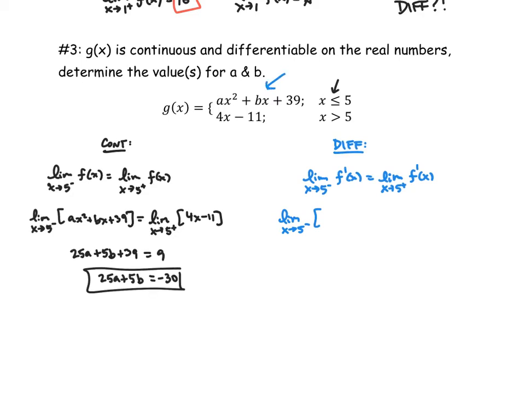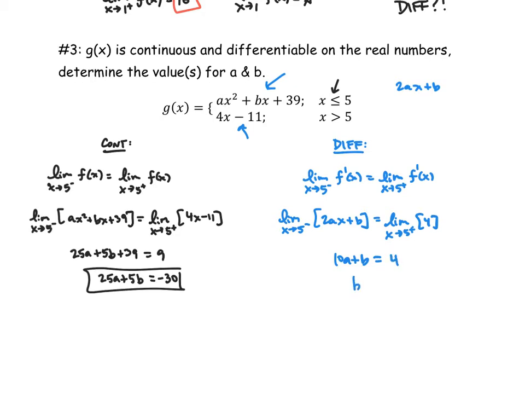Again, I'm skipping ahead, but the derivative of ax squared plus bx plus 39 will be 2ax plus b. The derivative of the other portion of the function will just be 4. So the limit as x approaches 5 from the right of 4. Now what I'm going to do is input 5 for x, which would give me 10a plus b, and the limit as x approaches 5 from the right of 4 is still just going to be 4.